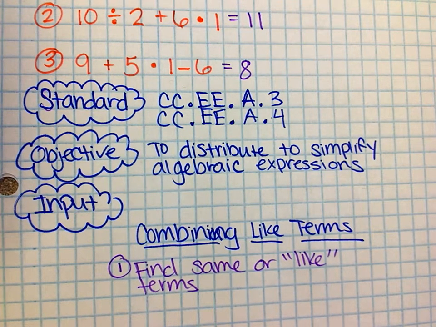So you need to find all the terms that are the same. If there's a bunch of x's, you can find all of the x's. If there's x's and y's, you need to find out which ones go with each other.